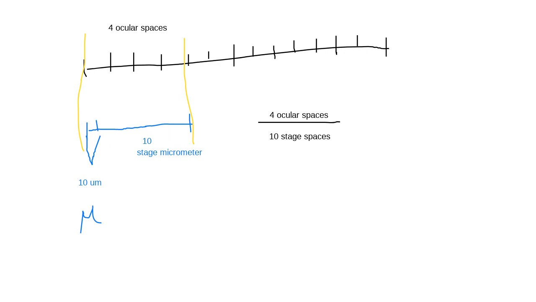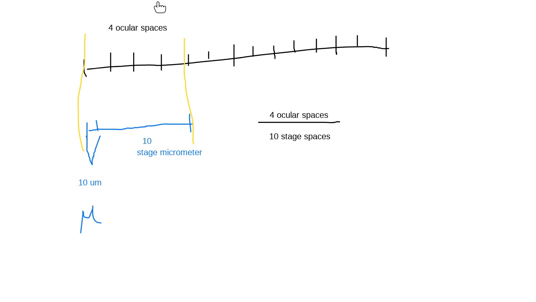And I told you that on the stage, there were 10 just because 10 corresponded to 4, and each of these 10 measures 10 micrometers. So this 10 micrometers is fixed no matter which objective lens you are using. If you had a ruler small enough to measure this, this is how big it is.